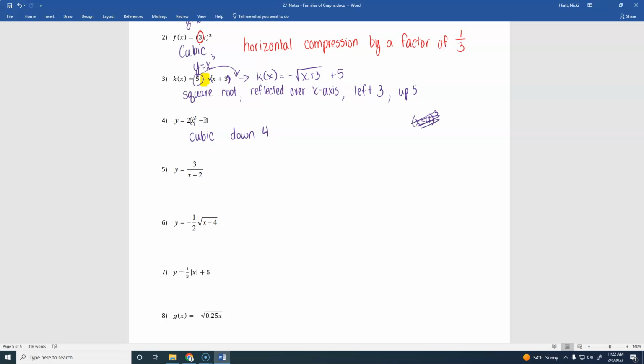All right, and Sophie, what does that 2 do to the graph? Vertical expansion by a factor of 2. Yeah, it's going to stretch it. It's going to take that y-axis and stretch it taller. And Sophie, how did you know it was vertical instead of horizontal?